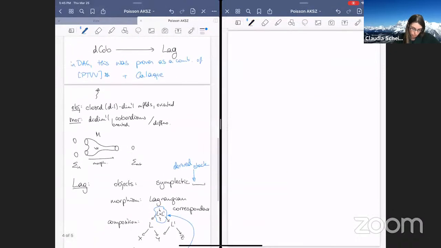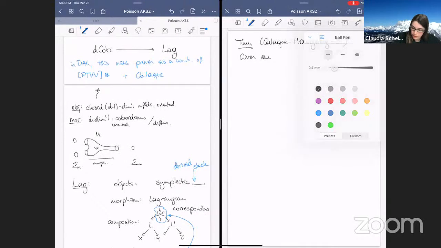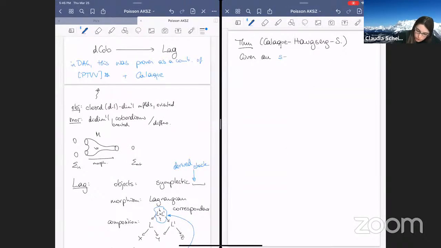Maybe I'll just start by writing down the theorem that we prove. So given, and now there's another ingredient that I haven't told you yet about.